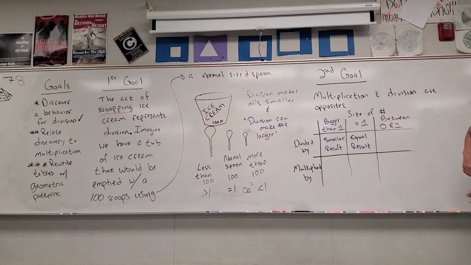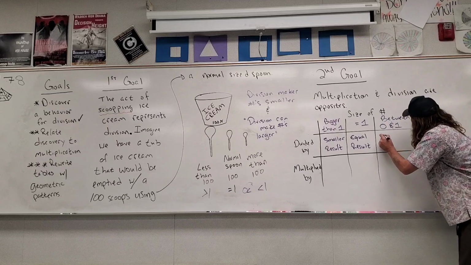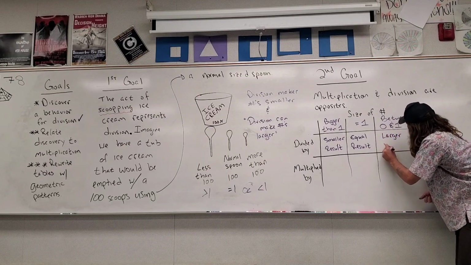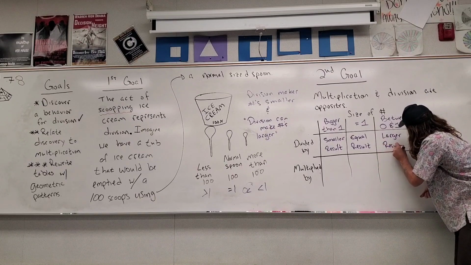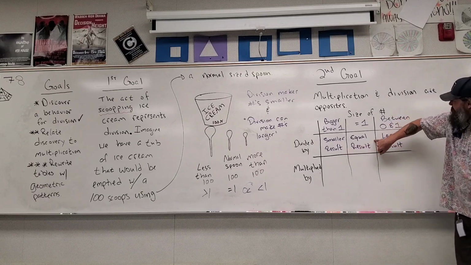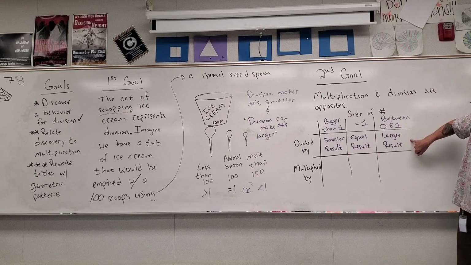And when I divide by a number between 0 and 1, I get a larger result. So division has 3 behaviors. It can make numbers smaller, it can make the number equal, or it can make the number larger.